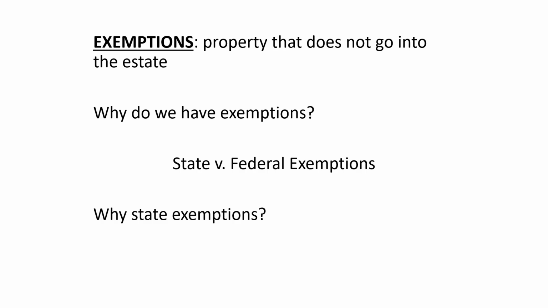You could choose to use the federal or the state. There's some that are just, you're using the federal, we don't want to get involved. And then there are states that you have to use ours over the federal exemptions. Why did Congress allow this? Because think about it. If you live in New York State, it is a very expensive state to live in.